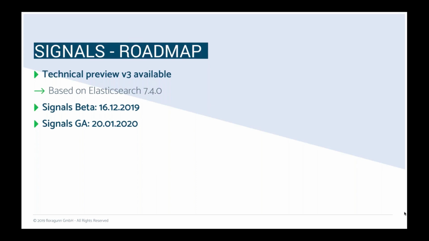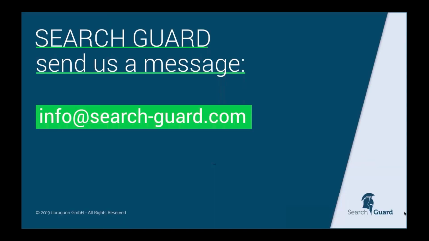And the GA release will be in January 2020. Like I said, Signals will be integrated and shipped with SearchGuard, which means it will be a single download. So you don't need to install and maintain a second plugin. So it's just one install. This is true for the Elasticsearch plugin and also for the Kibana plugin.